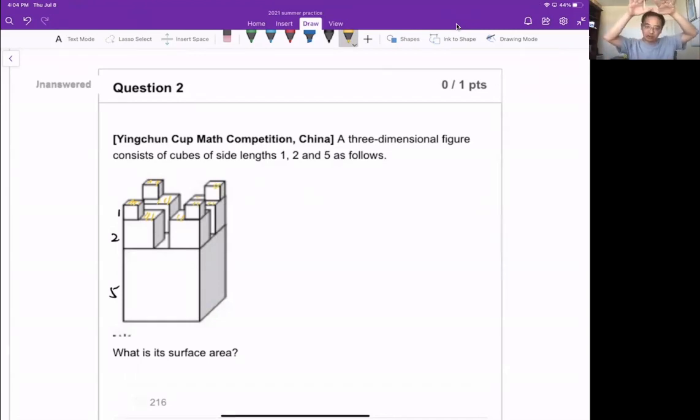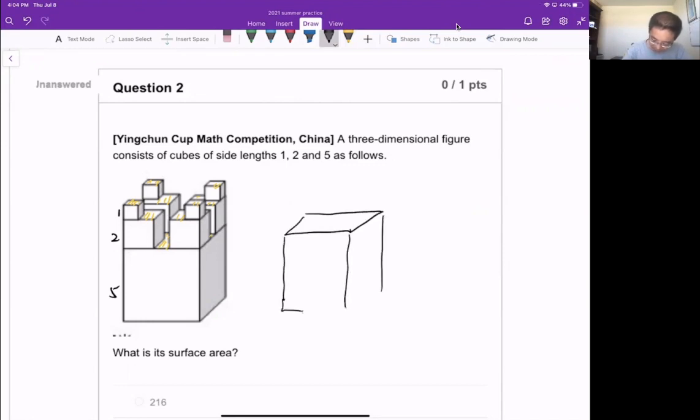If I project to the top of the big cube, we see it just gives us the top surface of this bigger cube. So the first part is just all the surfaces of this bigger cube. Each face is 25, so part 1 is 25 times 6, that's 150.